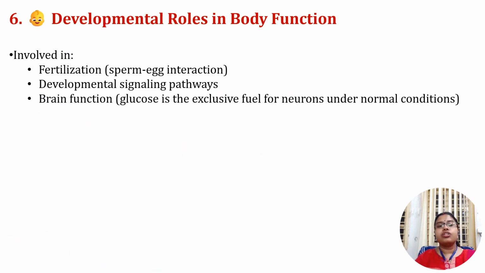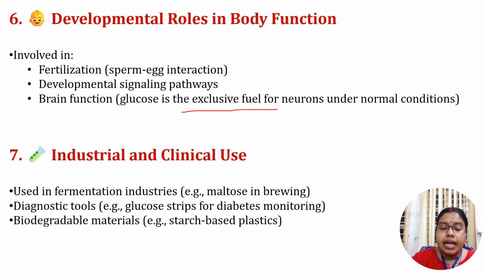Next, it also helps in developmental roles in body function, as it is involved in fertilization, development of signaling pathways and brain function, because glucose is the exclusive fuel for neurons under normal conditions. Then it is also helpful for industrial and clinical use.